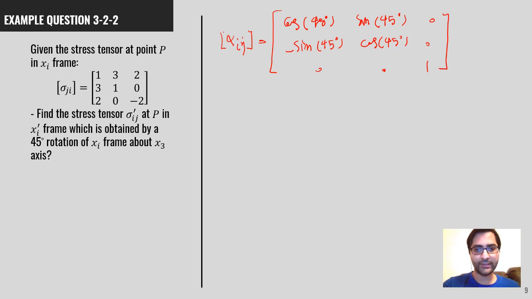The rotated stress tensor sigma prime ij is equal to, we already know that it's equal to alpha sigma alpha transpose. Basically, that's cosine of 45, sine of 45, minus sine of 45, cosine of 45, 0, 0, 1.